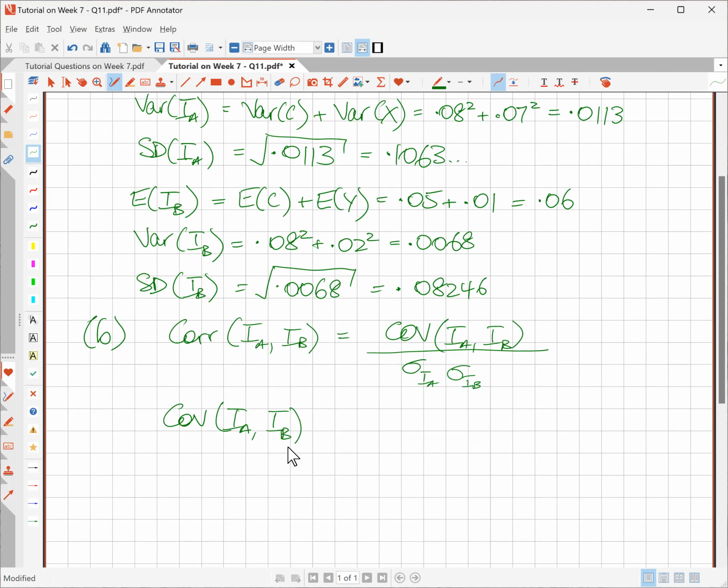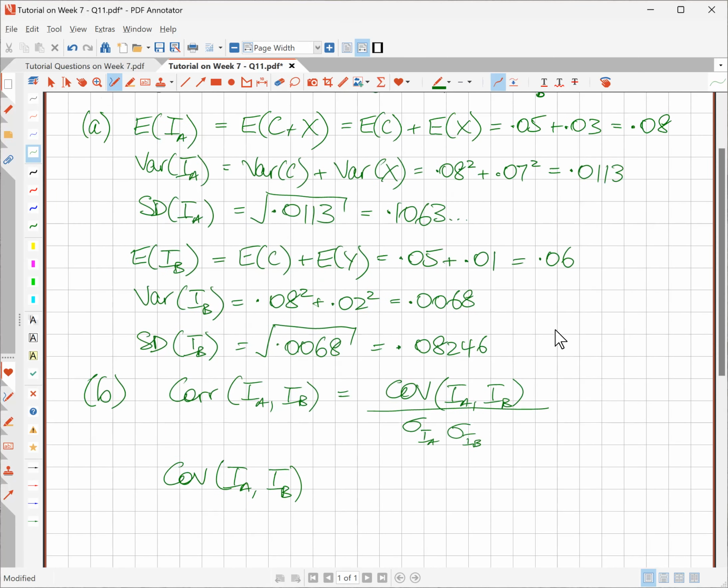Now, there's two basic approaches to this. One is to note that the composition of IA and IB, that they are C plus X and C plus Y respectively, and also that C, X and Y are independent.